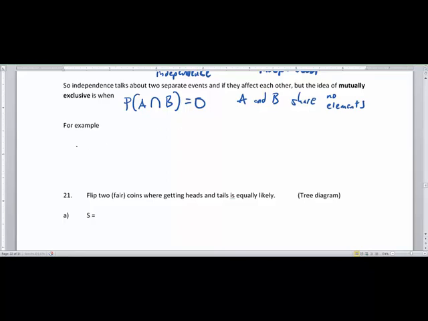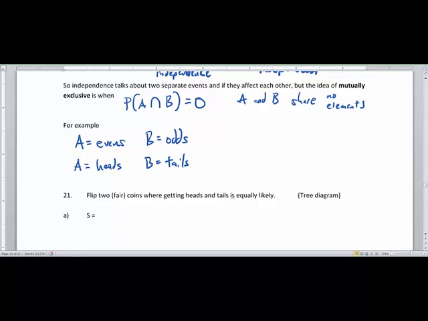So for example, if A represented all the even numbers in a deck of cards, so the evens, and B represented all the odd numbers in a deck of cards. Or if A represents a head on a coin and B represents tails on a coin.